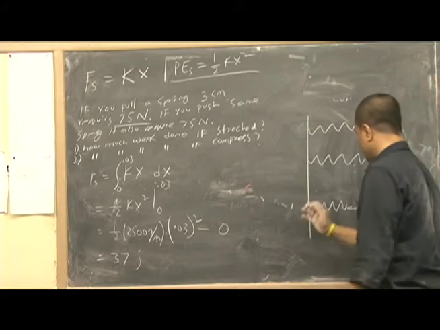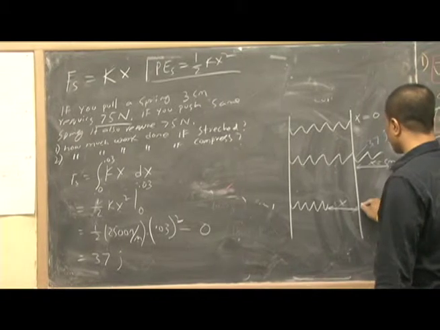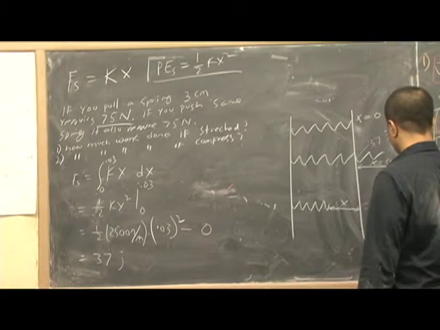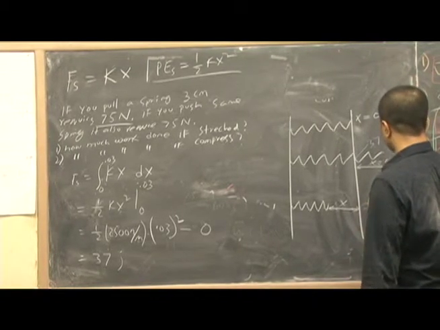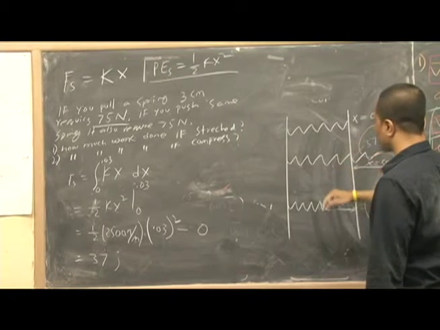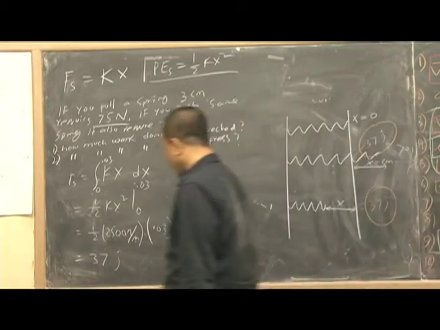So we know that if you stretch, the work done is 37 joule. If you push it to compress it, again it is 37 joule of work done. So the work done is the same regardless of whether you are pushing it or pulling it. Why?